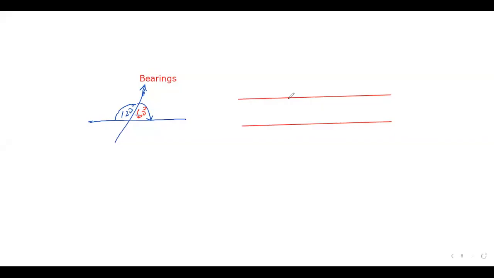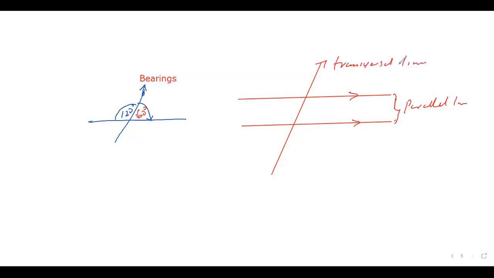And I give you something like this. So what happens here? These two lines are parallel, and this one here we call the transversal line.